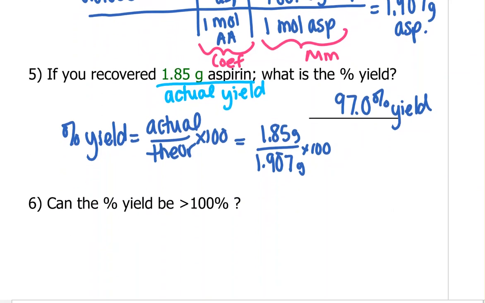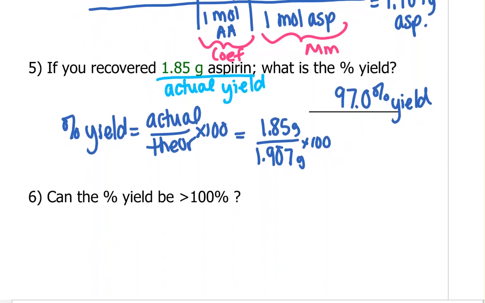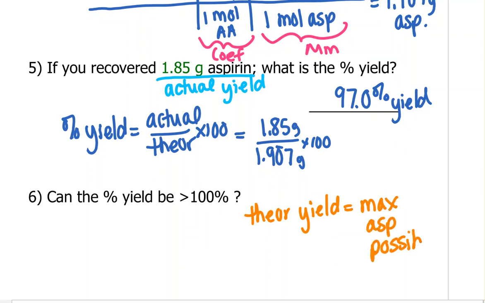Okay. Last question, can the percent yield be over 100%? Remember that the theoretical yield is the maximum possible. So you can't get more than 100% pure aspirin, but it may appear that you have more.